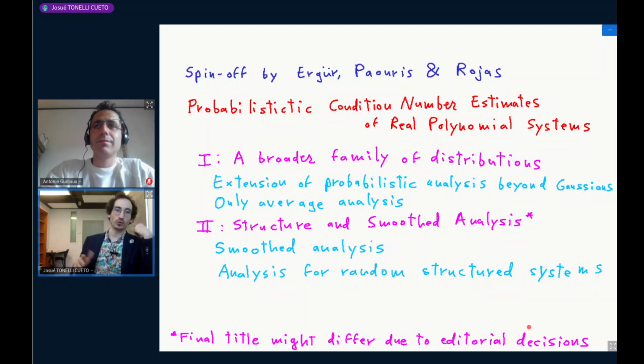So if the structure of your system is generic enough, the algorithm works well. That will be very colloquially. So here, this probably the second part will not be titled like second part, but this is due to some editorial decisions of the journal they submitted the paper to. Okay.